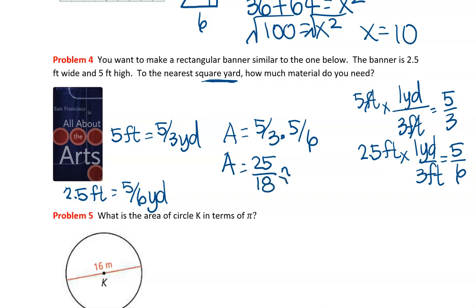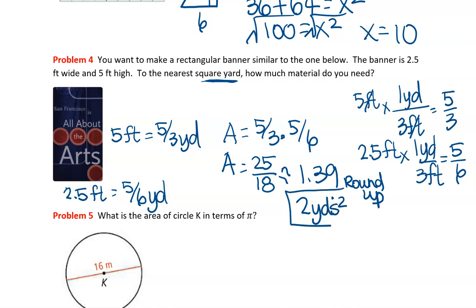I'm going to go to the nearest square yard. So 25 divided by 18 is 1.38 or 1.39. You can't necessarily go to the store and get 1.39 yards, so we're going to need to round that up to 2 square yards of material. You'll have a little extra, but at least you'll have enough.